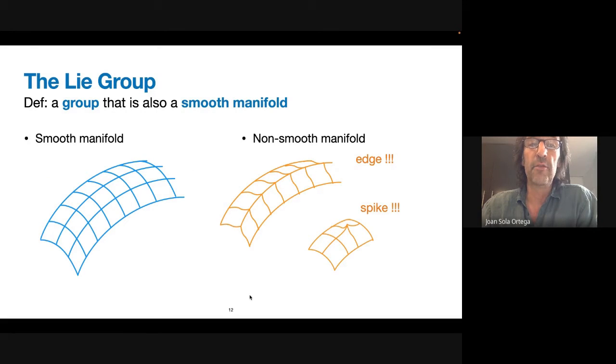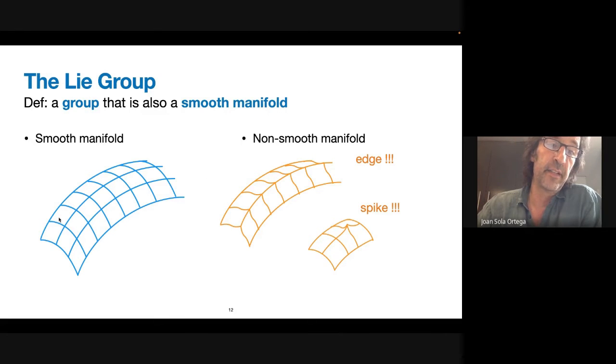Let's see what is a Lie group. A Lie group is a group. Okay, so it's a set of elements with an operator satisfying the 4 axioms that is also a smooth manifold. Okay, what is a smooth manifold? What is a manifold, to start with? A manifold, you can see it as a kind of surface, for example, this surface here would be a 2D surface embedded in a space of 3 dimensions, which is the ambient space where this surface belongs.